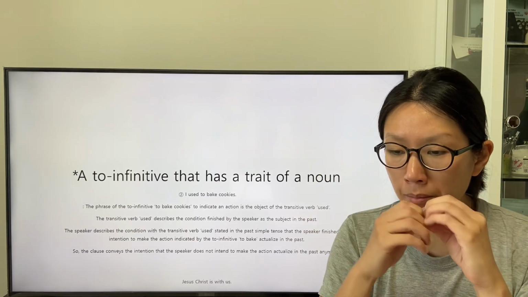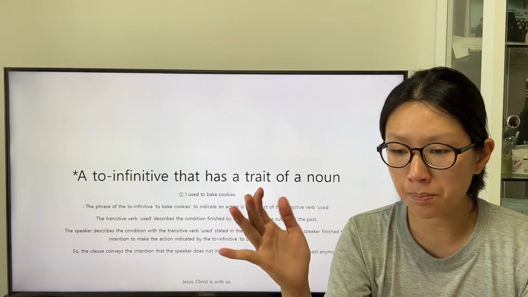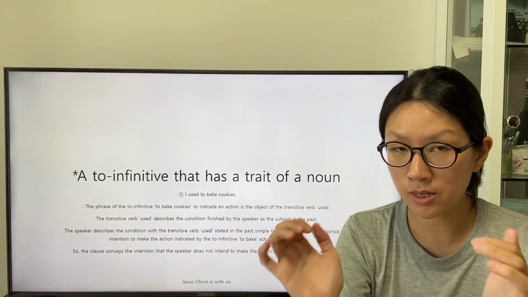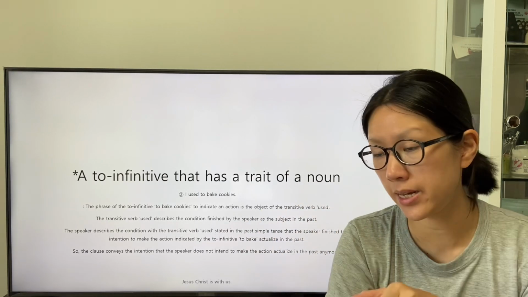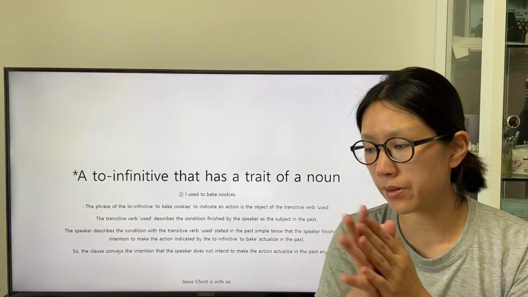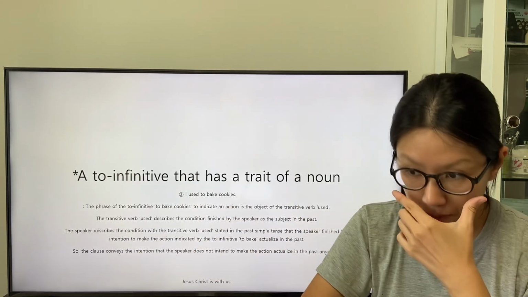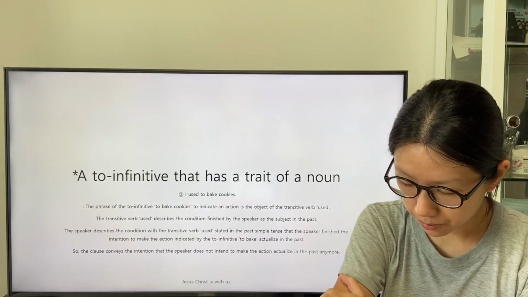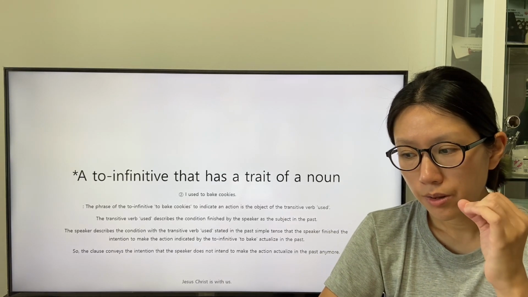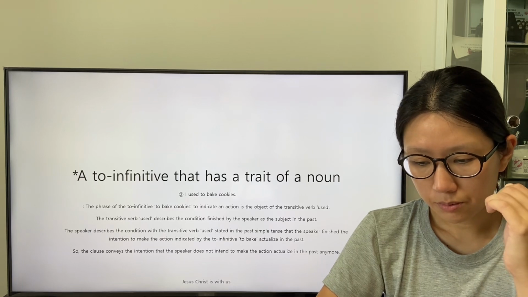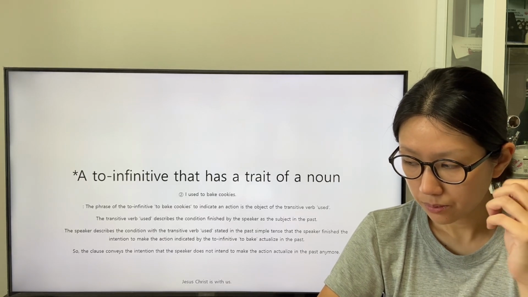So the assumption described with the modal verb will became the condition in the past. So we can understand the relation between the modal verb will and the modal verb would.